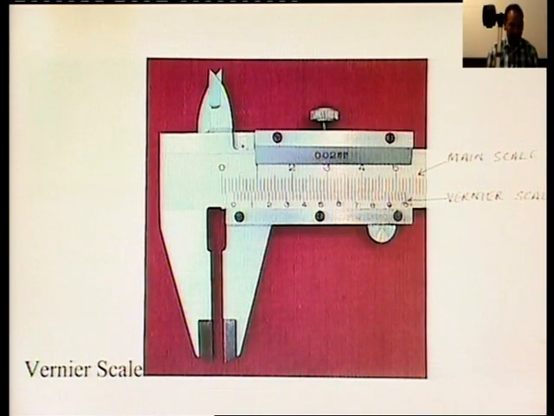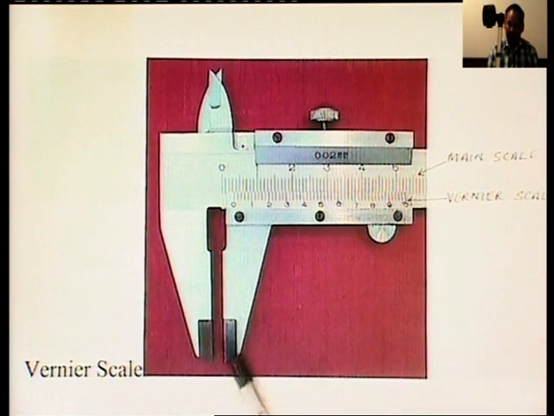So, there are some precautions to observe while using these vernier calipers. The zero error must be checked before starting the measurement, and if it is present in the instrument, it must be considered. While measuring outside diameter, ensure that the measuring surfaces of the jaws are perpendicular to the workpiece.